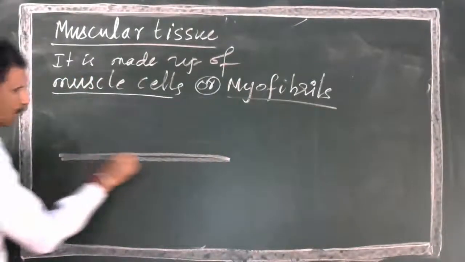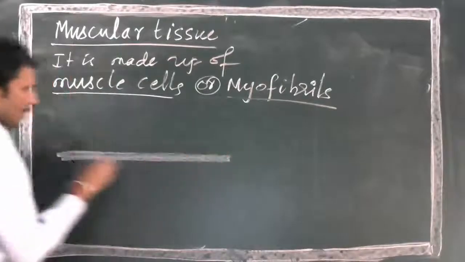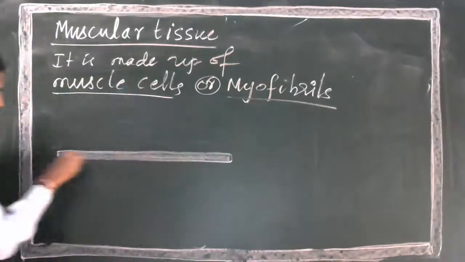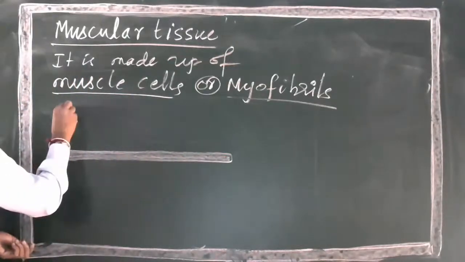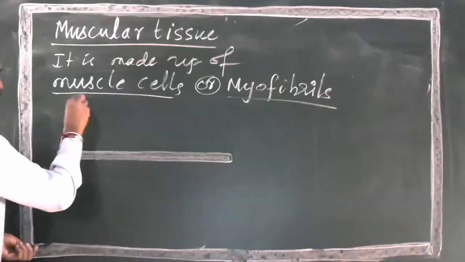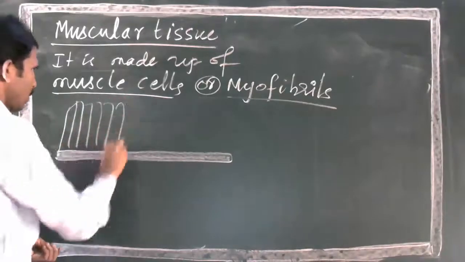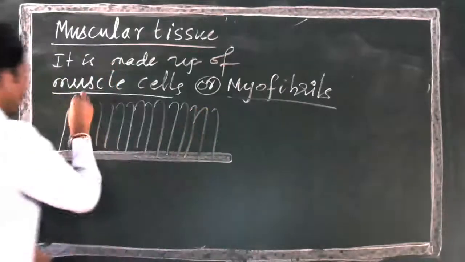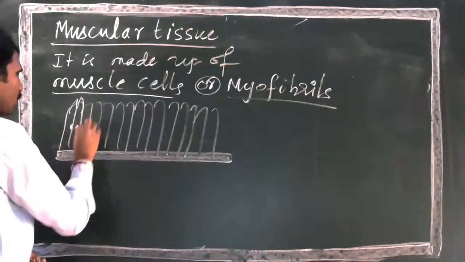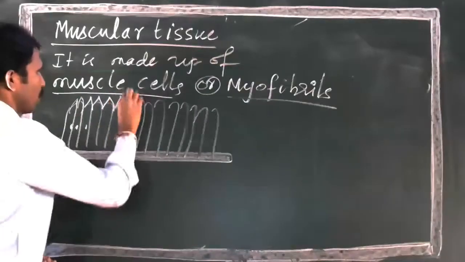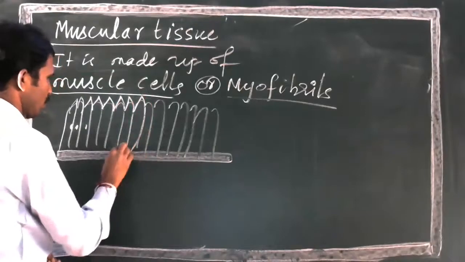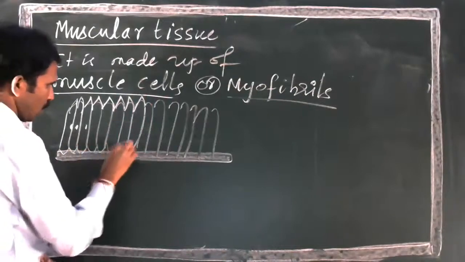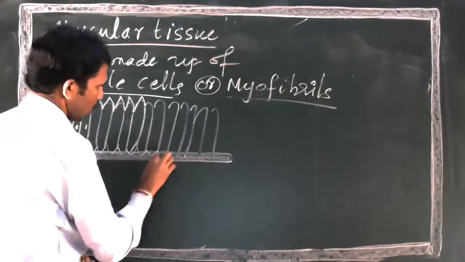I told you the muscle cells are myofibrils. The muscular tissue has a basement membrane, and on this basement membrane the cells are arranged like this.